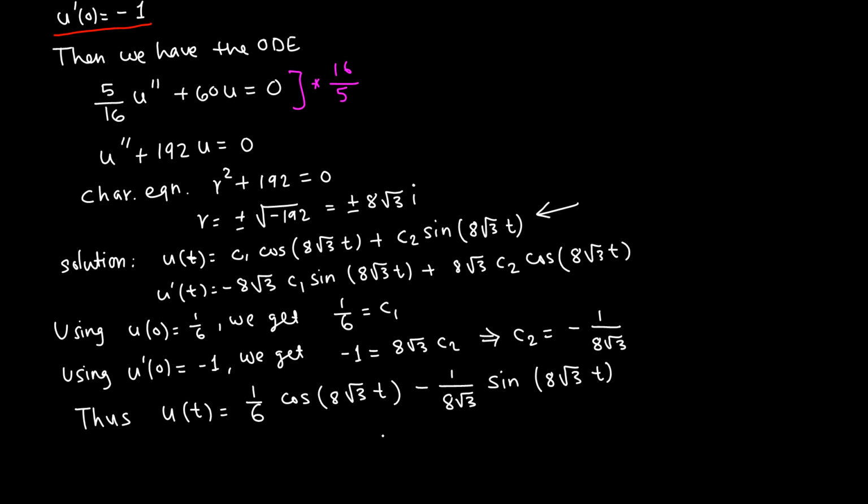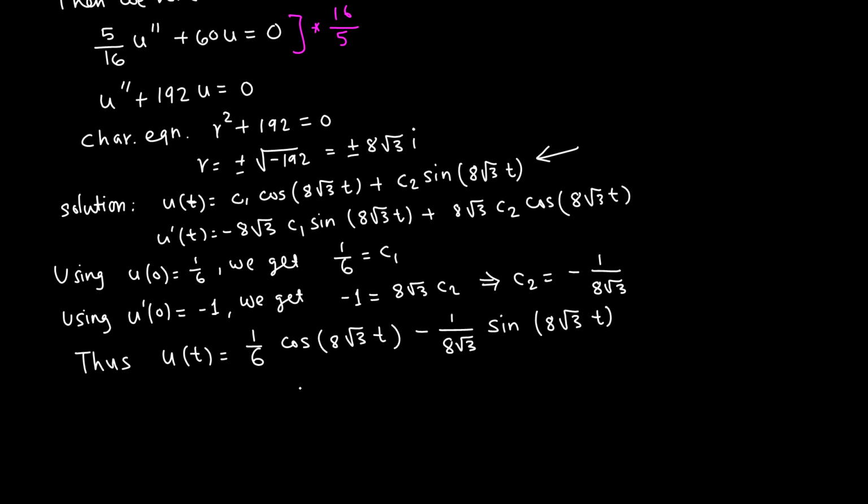Okay, but we want to write this solution in terms of a single cosine function, so that we can find the amplitude, period, and phase shift. So we want to write this solution, where we have cosine and sine, into a single cosine function, then determine the frequency, period, etc.